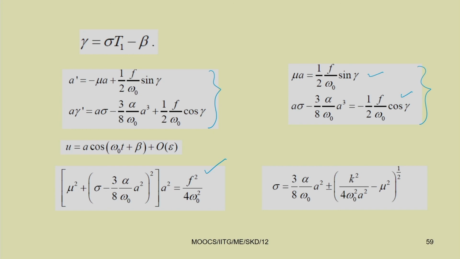This equation is quadratic in sigma, so one can conveniently solve it to get sigma equal to 3 by 8 alpha by omega 0 a squared plus or minus (k squared by 4 omega 0 squared a squared minus mu squared) to the power half.